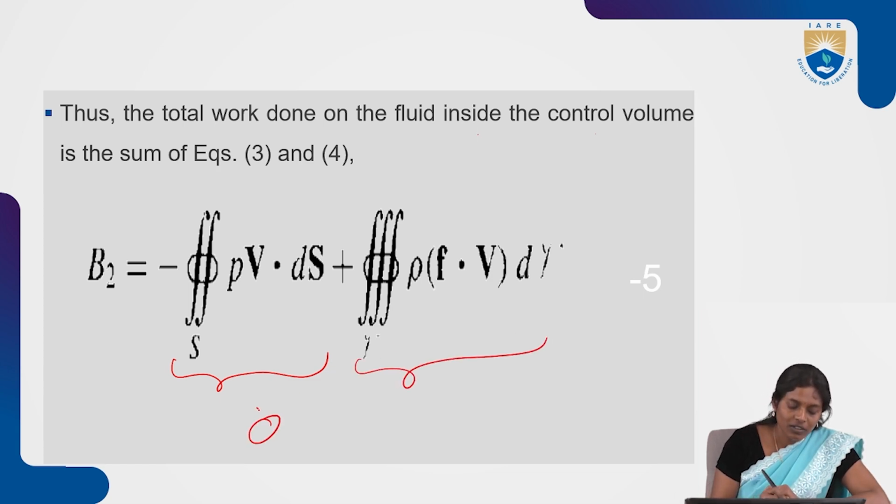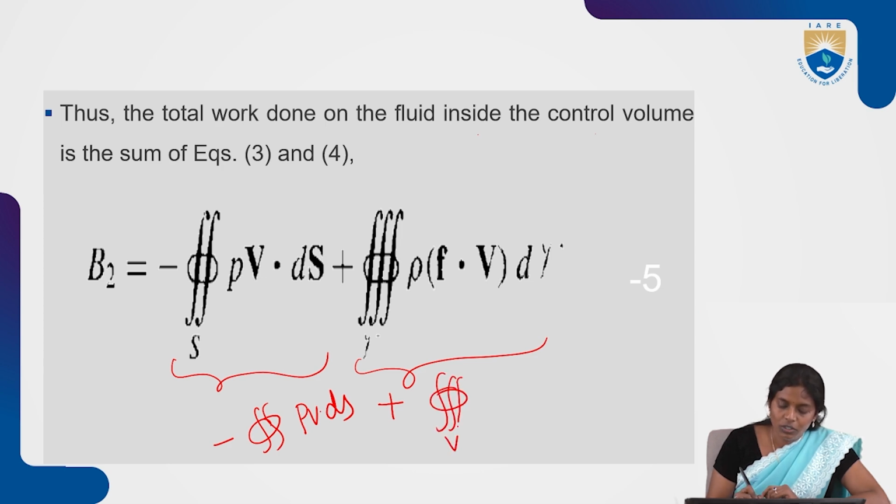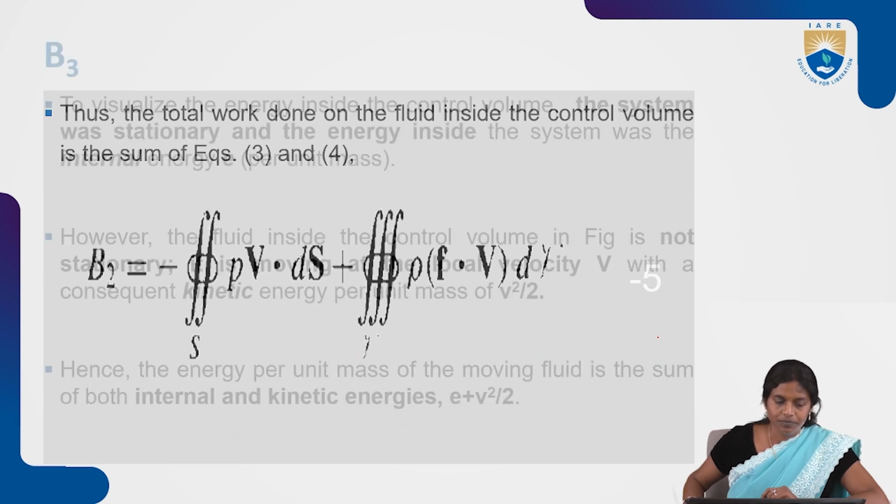That is the negative surface integral of p V dot dS, with the negative sign since pressure applies on the surface, plus the volume integral of rho f dot V dV. This is the total rate of work done on the fluid inside the control volume.